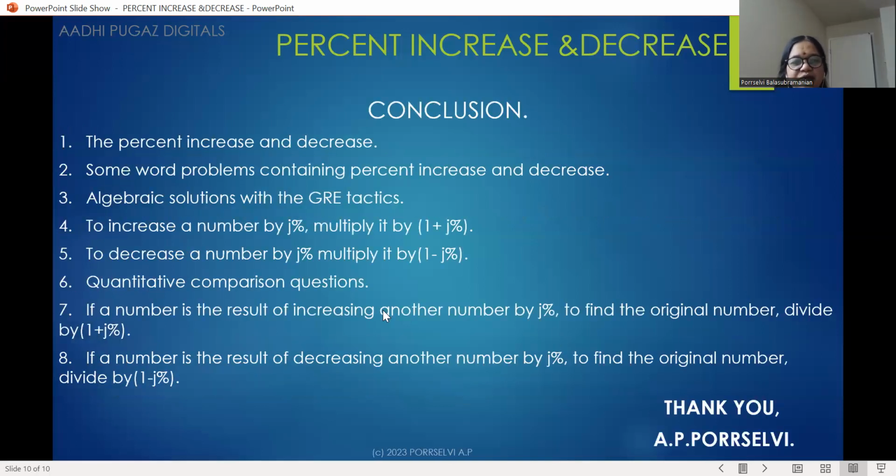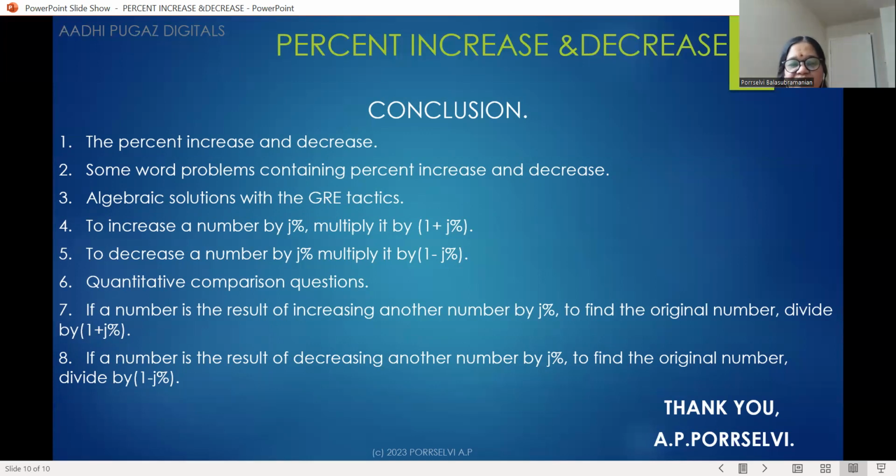So in conclusion, we saw percent increase and decrease, and some word problems containing percent increase and decrease. I gave some algebraic solutions for school students, and some GRE tactics to solve quickly in exams. To increase a number by some percentage, we multiply by 1 plus that percentage.